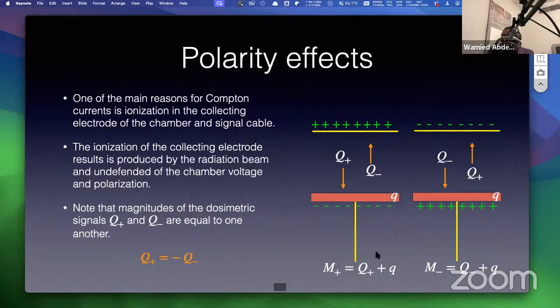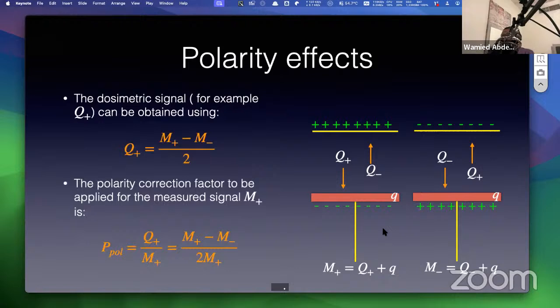Imagine if Q plus is 1 coulomb and Q minus is minus 1 coulomb, and Q is 0.1 coulomb, then what we're going to measure is 1.1 coulombs when we have a positive polarity, and when we have a negative polarity, we're going to measure minus 0.9 coulombs. So the absolute values of these charges that we're measuring are not equal to one another, and the chamber will exhibit polarity effect.